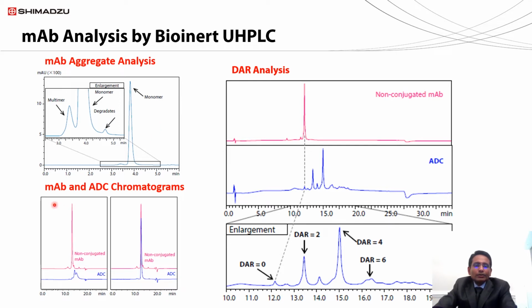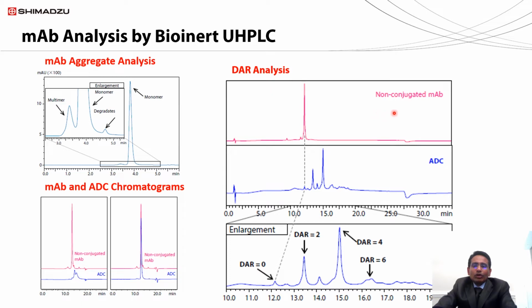And then if you see the mAb and ADC chromatograms, upper panel and lower panel, there are two types: mAb and ADC. One is the non-conjugated mAb, that is the pure mAb, and the other is the conjugated, that is antibody drug conjugates. This is called drug to antibody ratio analysis.